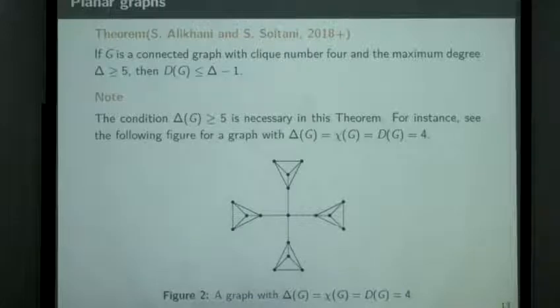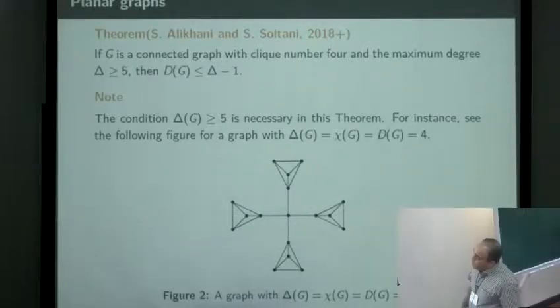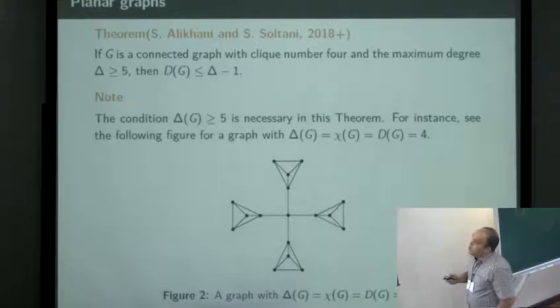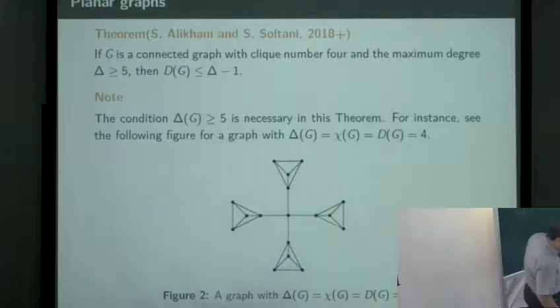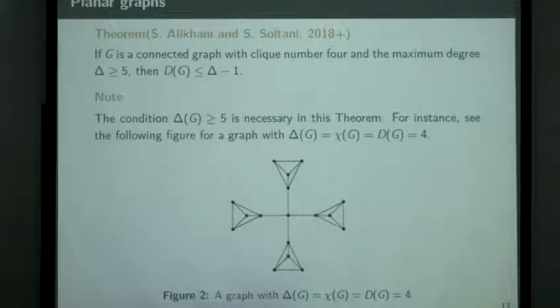Okay, to study the distinguishing number of maximal outer planar graphs, first we must prove this theorem that says if G is a connected graph with clique number 4 and maximum degree delta greater than or equal to 5, then the distinguishing number is less than or equal to delta minus 1.